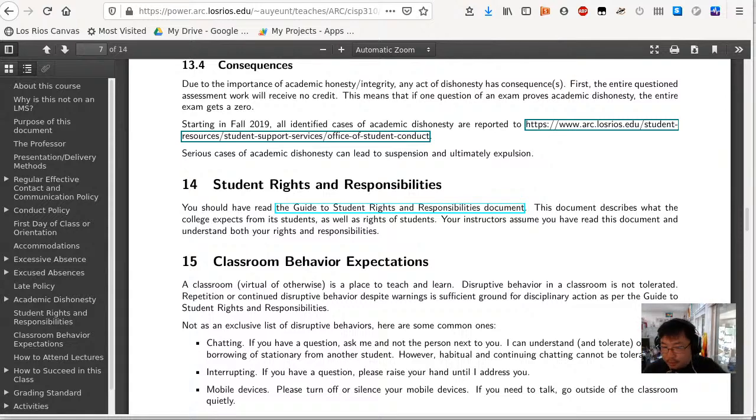One person mentioned, through direct message, that I should put this schedule on the Los Rios class schedule. The problem is, because it's an online class, it does not have a particular time associated with it. I don't think it would let me specify a specific time.